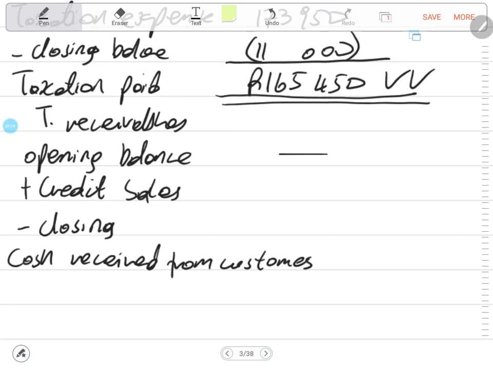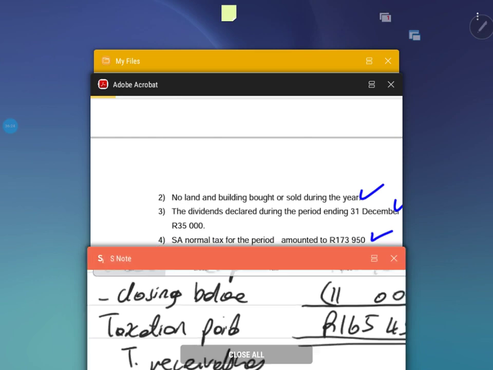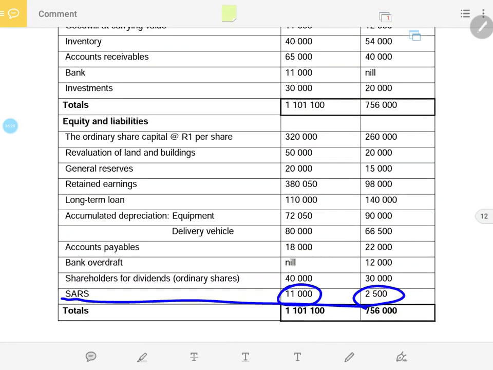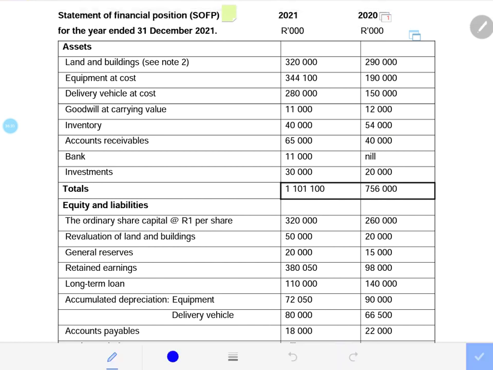Now we have our opening balance. Our sales, we know that our sales are 800,000 rands. We are still looking for the closing balance and the opening balance of our trade receivables or accounts receivables.